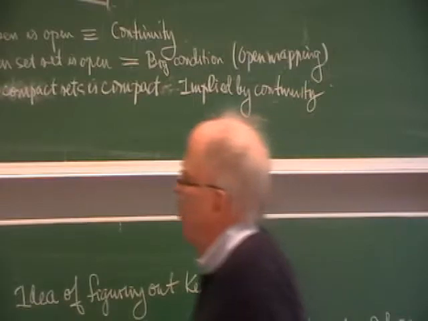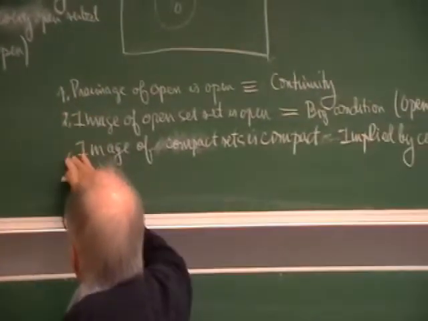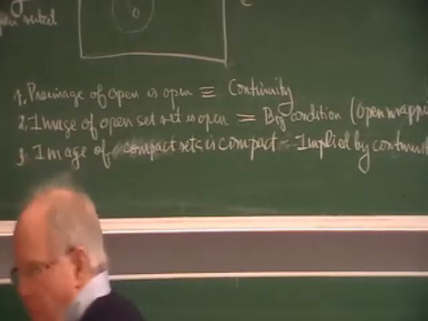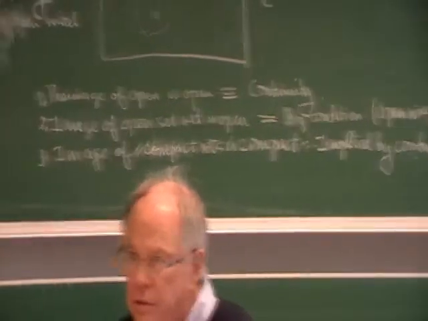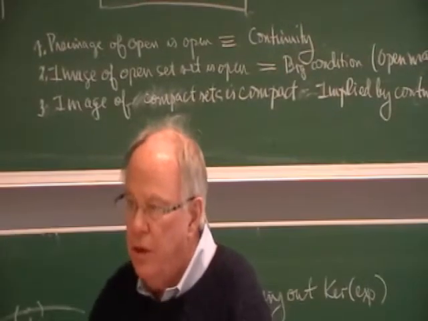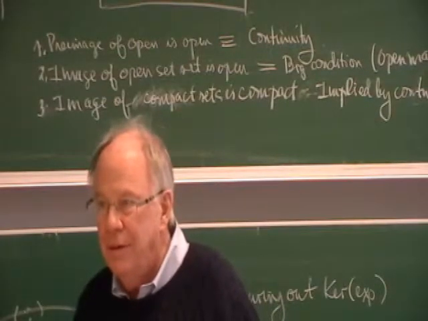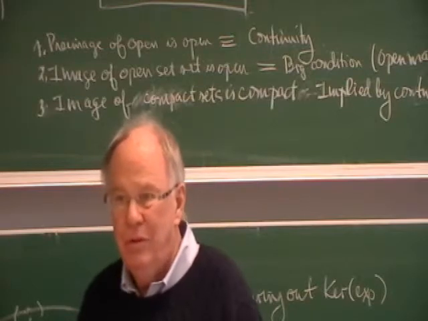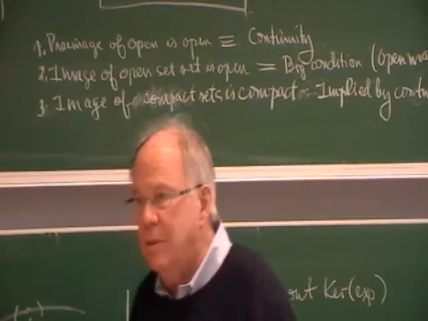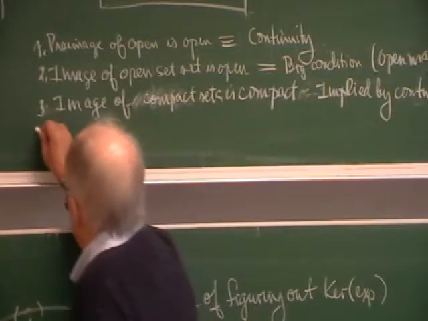So maybe I call this 1, and I call this 2, and I call this 3. And from my point of view, because everything in this course is more or less continuous, or I can reduce to continuous, 1 and 3 are trivial. Okay. 2 is not trivial. The image of any open set is open. And 4 is exactly the other point.